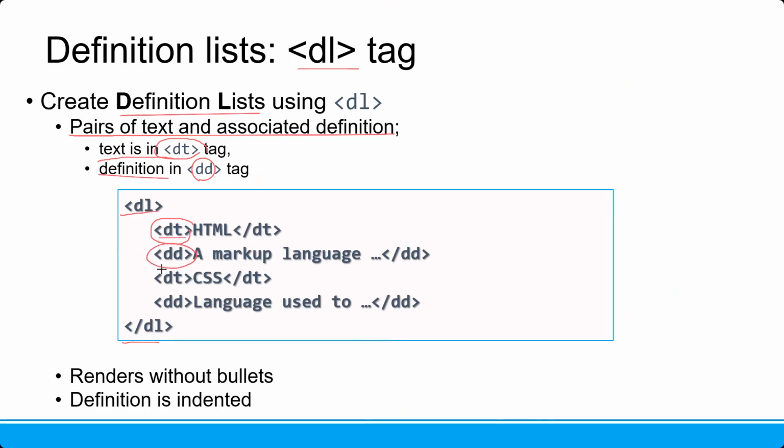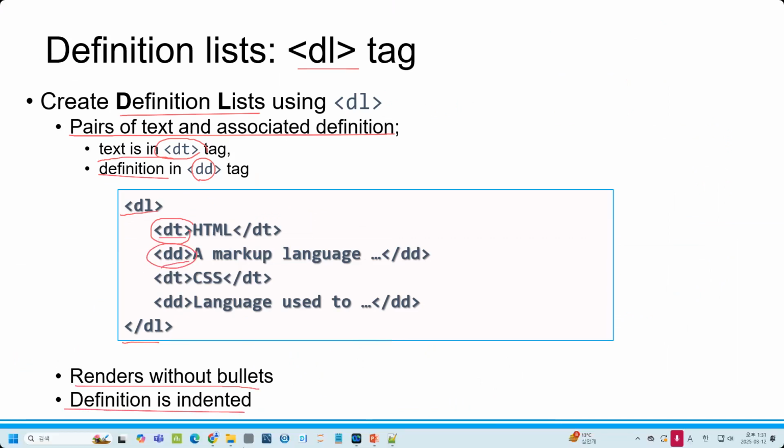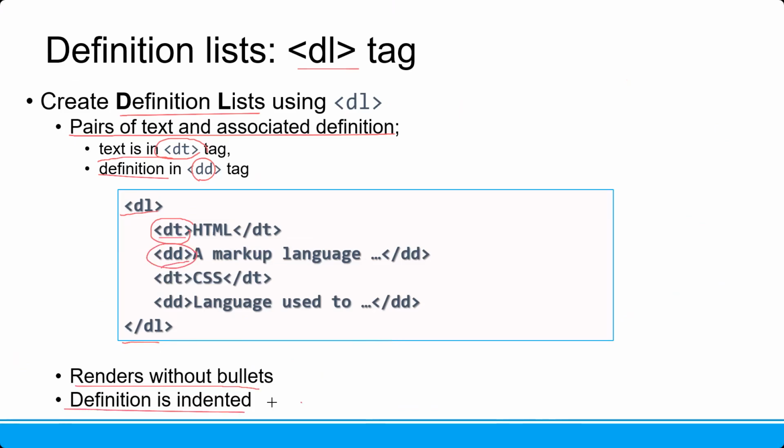It renders without bullet, and the definition is indented. If you learn Python, you can see there's an indentation. The idea is just to show the indentation, but actually it does not affect the result.